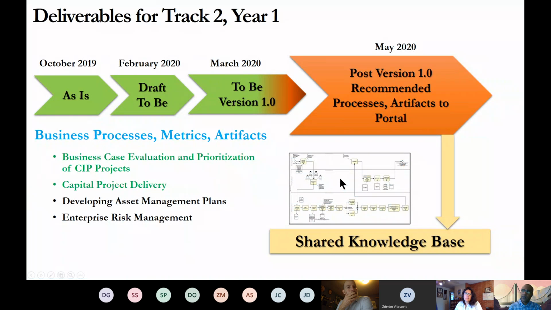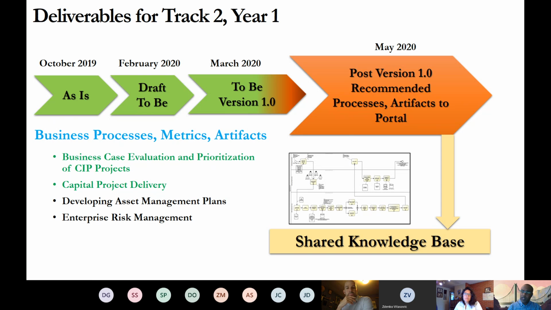The deliverables of year 1 work, which started sometime in summer 2019 and completed in spring of 2020, include the definition of the as-is process, and then drafting the to-be process and finalizing it.